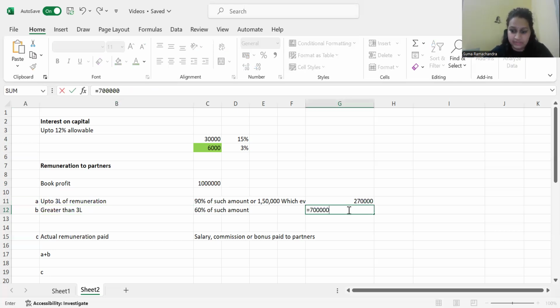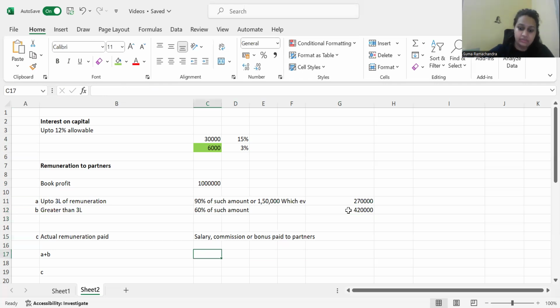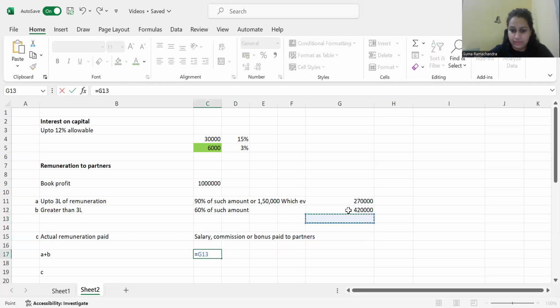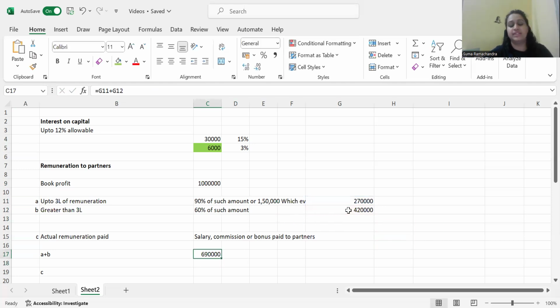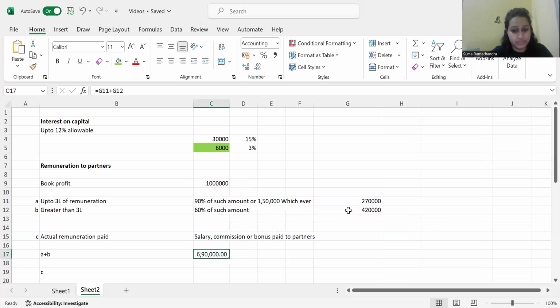So what do I do here? 7 lakh rupees into 60% I'm going to do. So now A plus B is going to be 2,70,000 plus 4,62,000. That means 6,90,000 would be the book profit calculation that I'll be comparing with the actual remuneration paid.